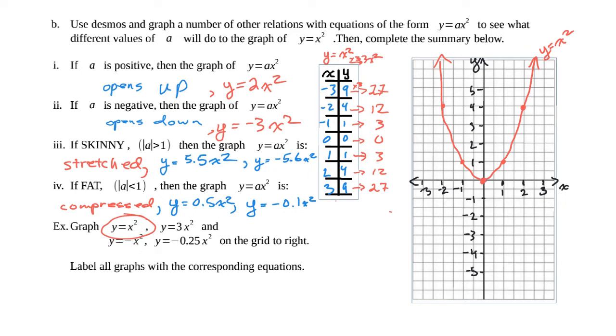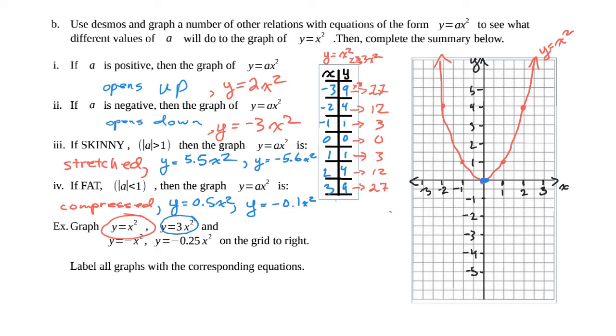Now, we only have a few points that we can work with here. The first point I'm always going to start with is 0, 0, because it's the easiest thing to draw. I'm going to draw this in blue. So y is equal to 3x squared. We start at 0, 0. We go over to position 1. Instead of 1 and 1, we're going to 1 and 3.